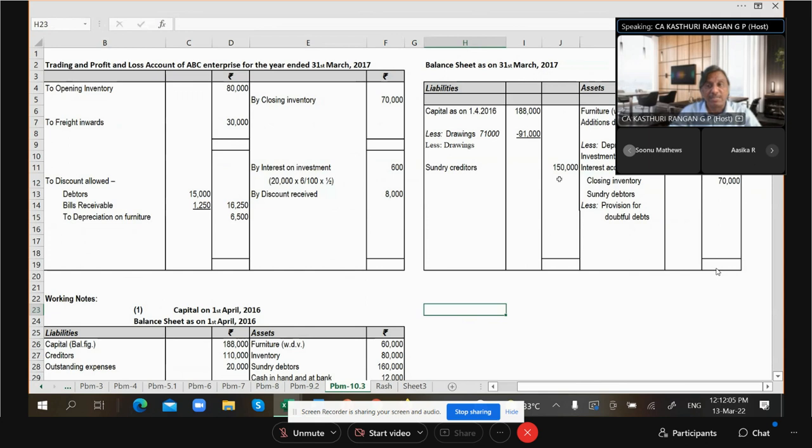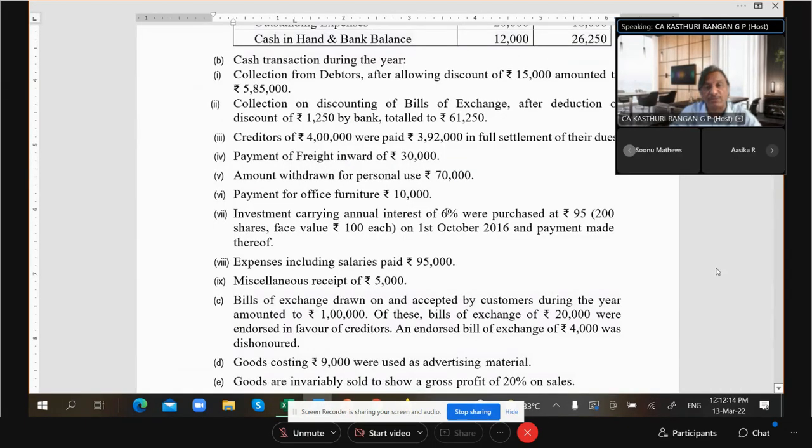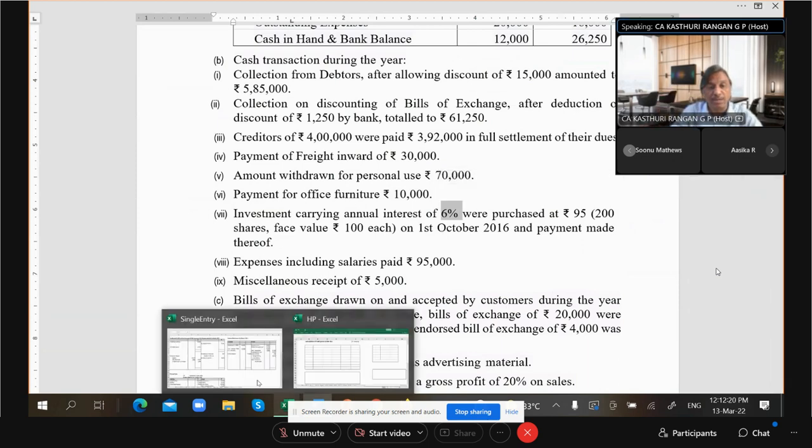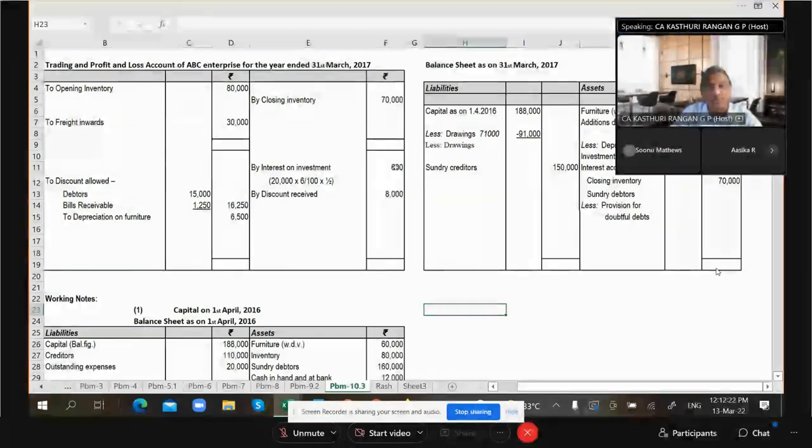Even though investment is purchased for 19,000, interest will be given on face value only. 6% interest, at the rate of 6% for 6 months, that is October to March. That is the total interest accrued, 600 rupees. It is not received, but it is accrued. So what is the entry?